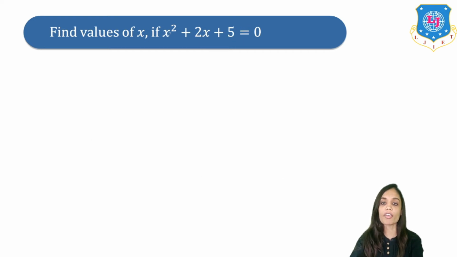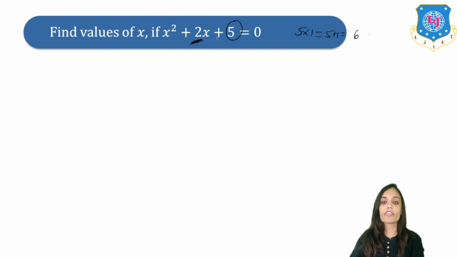Here we have to find the values of x if x square plus 2x plus 5 is equal to 0 is given. So you have to find the factors of 5 such that we get the answer 2. This is not possible obviously, because the only factors of 5 are 5 and 1. If you add 5 plus 1, our answer will be 6, right? And not 2. Okay?